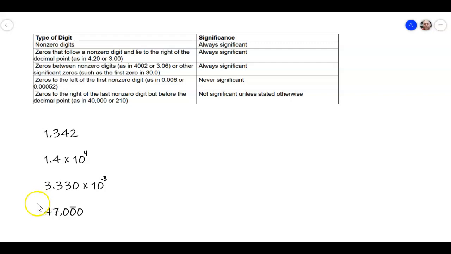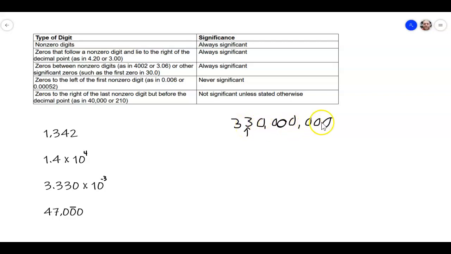When we said 330 million, 0, 0, 0, 0, 0, 0, we only were precise up to this digit right here.